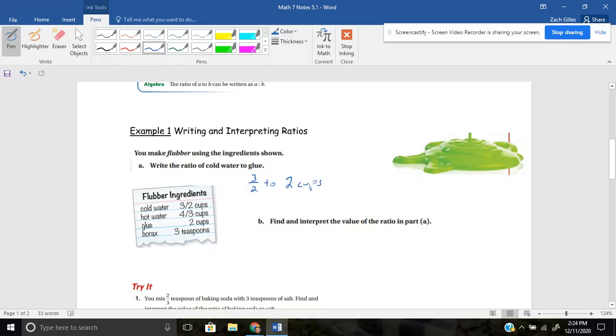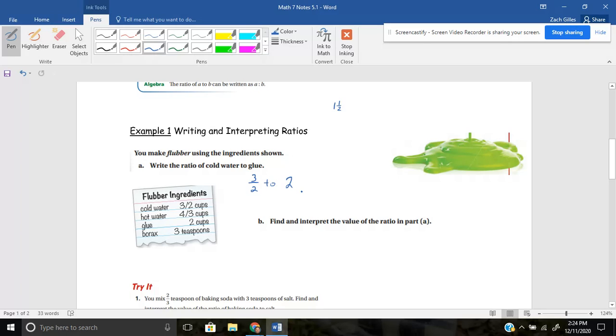If it's helpful, and in this case, you don't have to write the cups. You can just write 3/2 to 2. Another way to think of 3/2 is 1 and 1/2. So for every 1 and 1/2 cups of cold water you use, you need 2 cups of glue. So you need a little bit more glue in your ratio here.